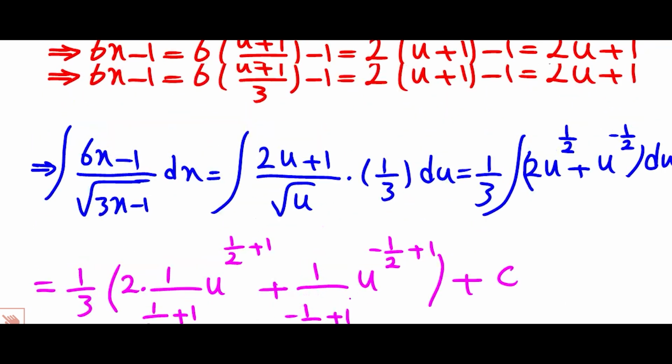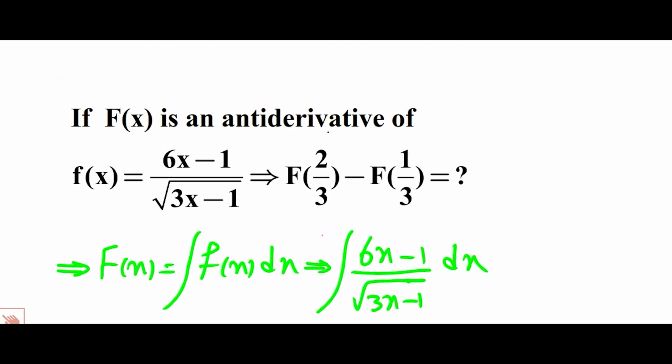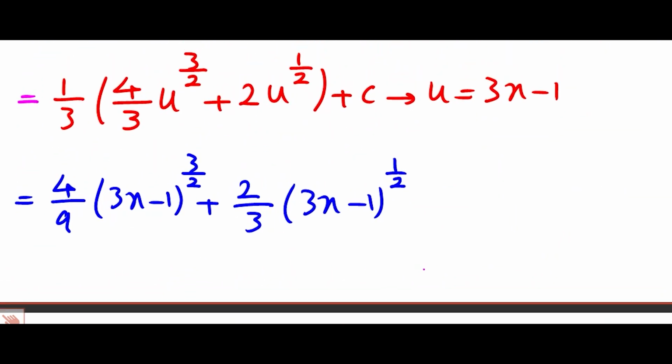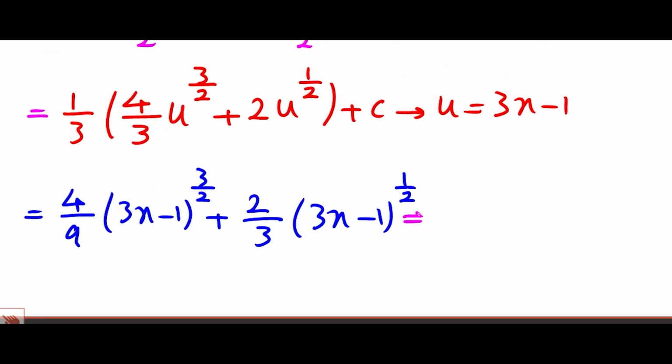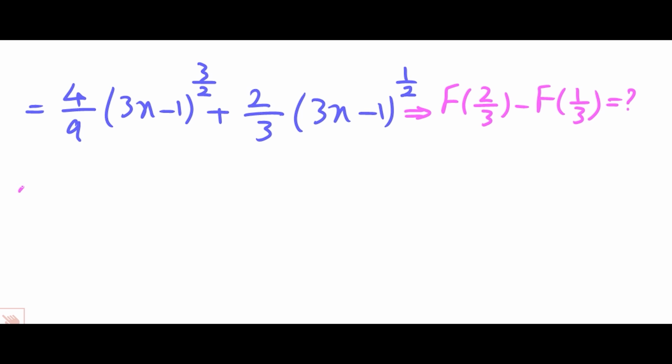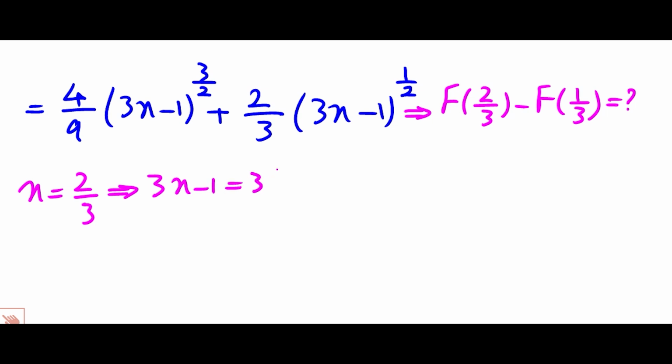Now compute F(2/3) - F(1/3). At x = 2/3, 3x - 1 equals 3 times 2/3 minus 1. So the 3 and 3 cancel, and we have 2 - 1 equals 1, right?